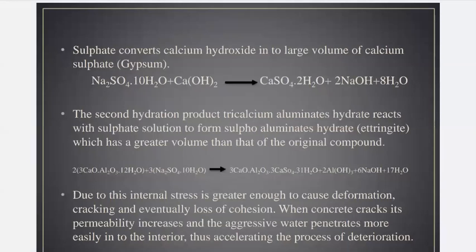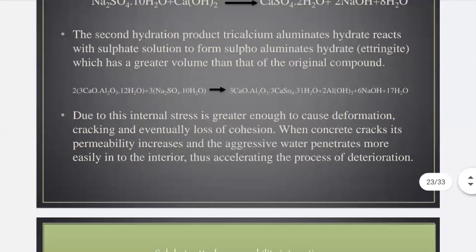Due to this, internal stress is generated, great enough to cause deformation, cracking, and eventually loss of cohesion. When concrete cracks, its permeability increases and aggressive water penetrates more easily into the interior of your structure, thus accelerating the process and leading to deterioration of your concrete surface.